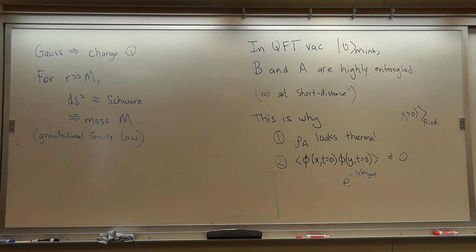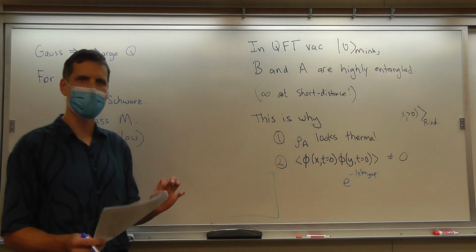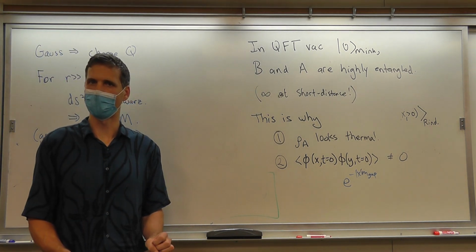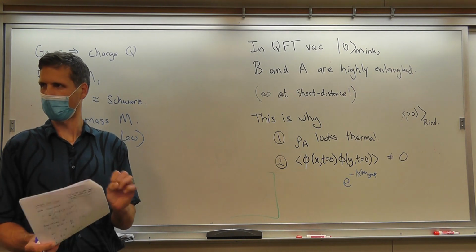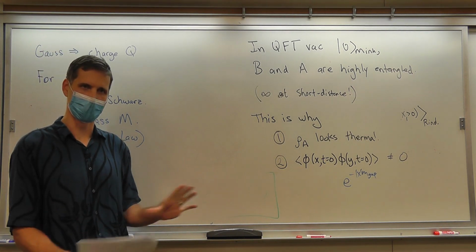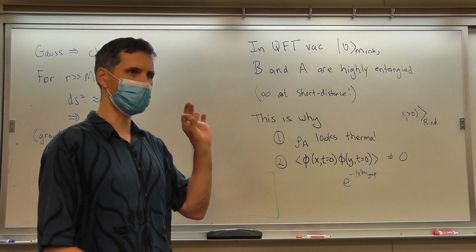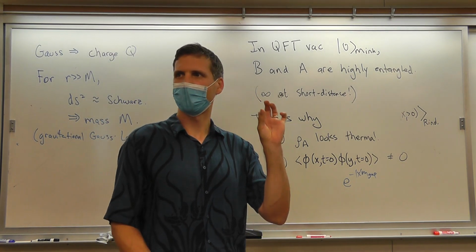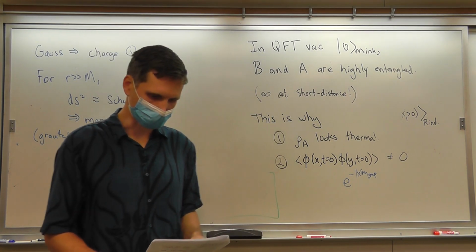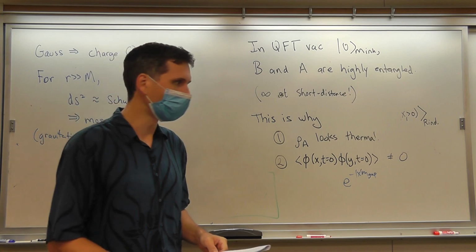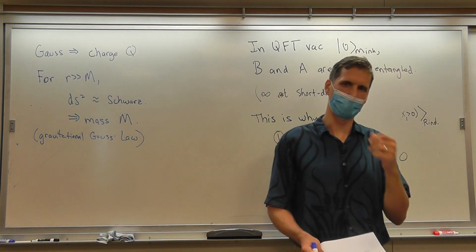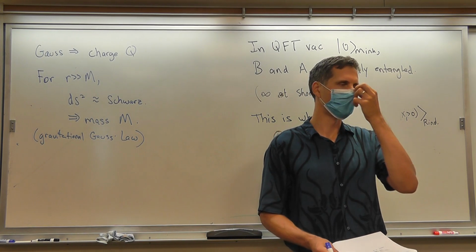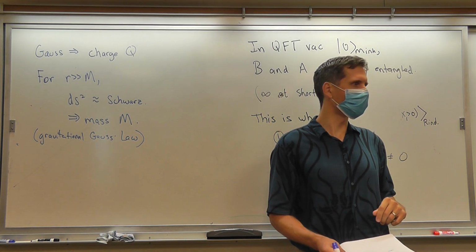A couple comments. First of all, this is a solution of the source-free Einstein-Maxwell equations. I did not put any charged particles or charged stuff or any of that kind of thing. It was just the gauge field and the metric. So there are no charges anywhere. It's the geometry itself that's charged in the Reissner-Nordström black hole. Now we could quibble about r equals 0.